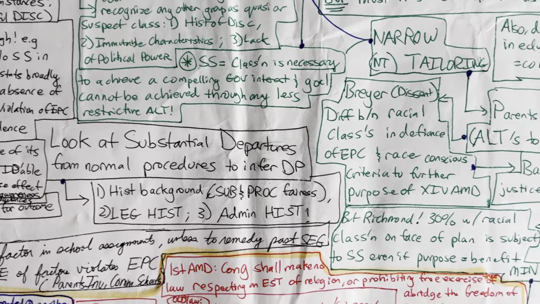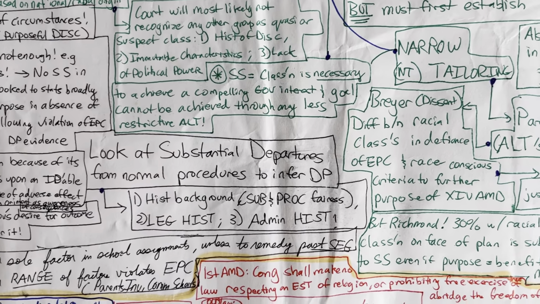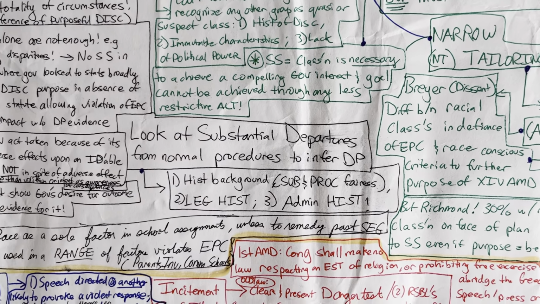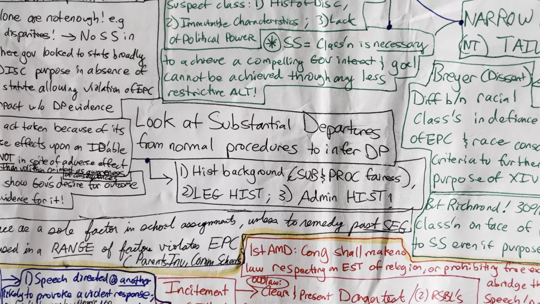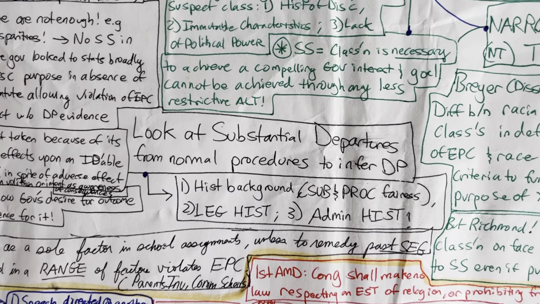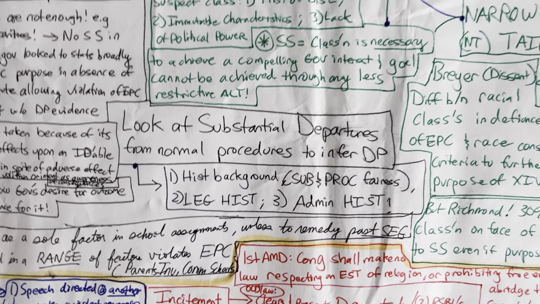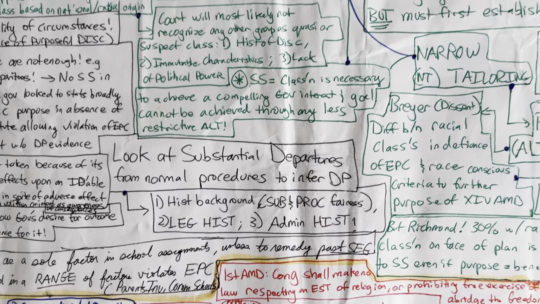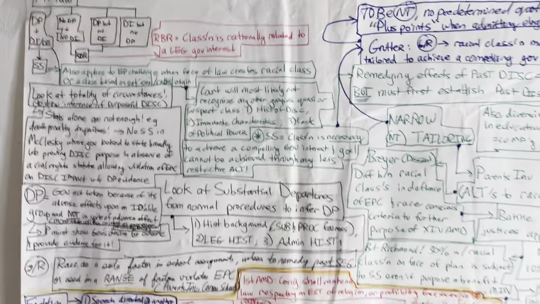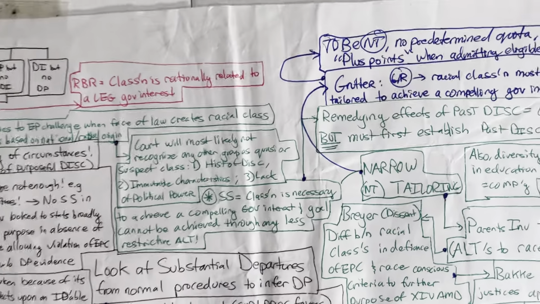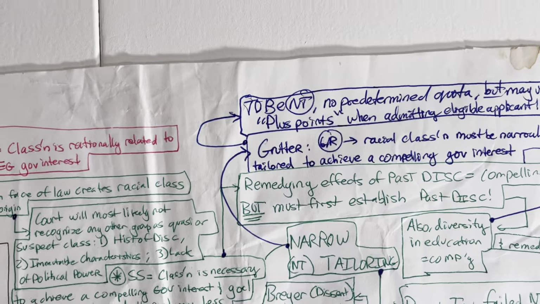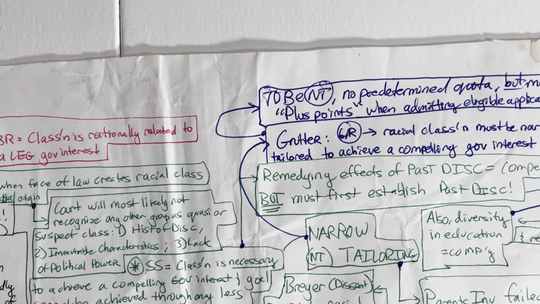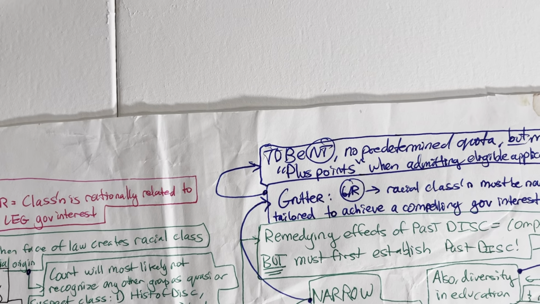Breyer dissented in the Parents Involved case. He did say that differences between racial classes in defiance of the Equal Protection Clause, EPC, and race-conscious criteria further the purpose of the 14th Amendment. So within that, look at narrow tailoring. That part of that necessary means test is the narrow tailoring requirement.